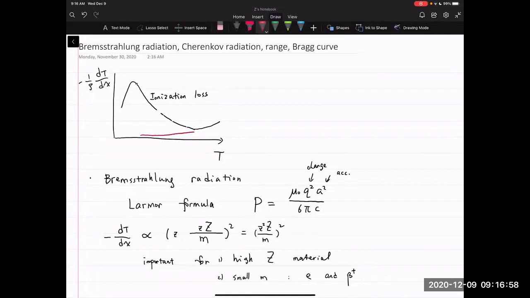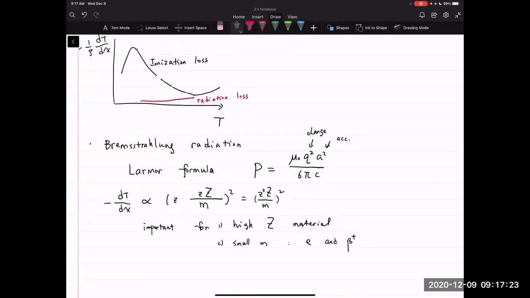It's going to be more and more important at high energy. Of course, it's still less than the ionization loss. So we call this the radiation loss. That's the comparison between the two.